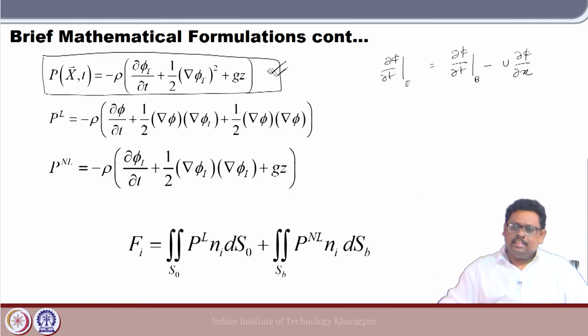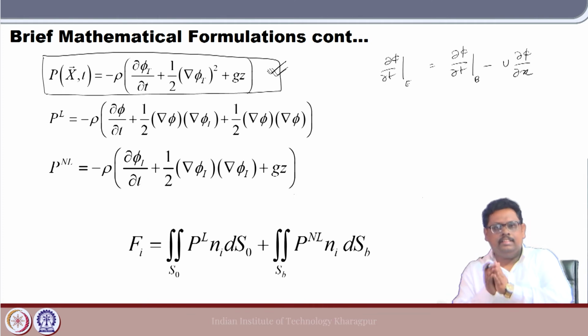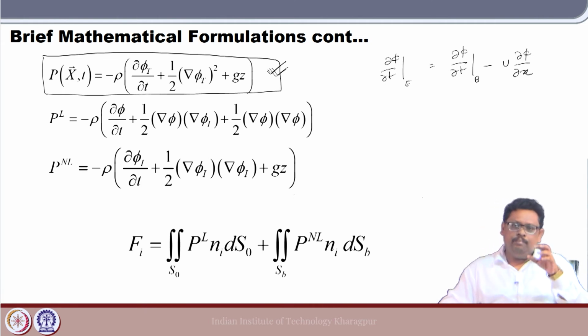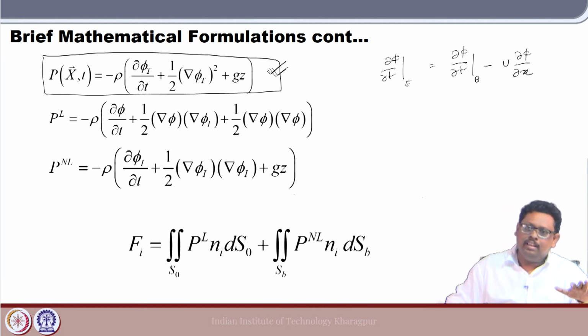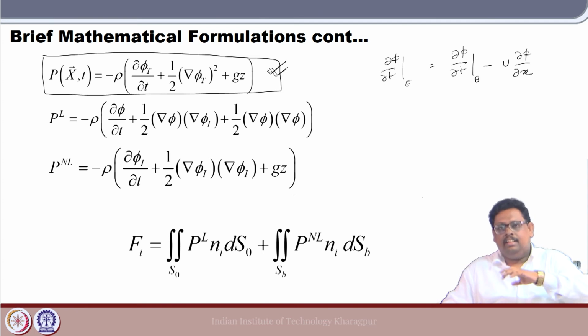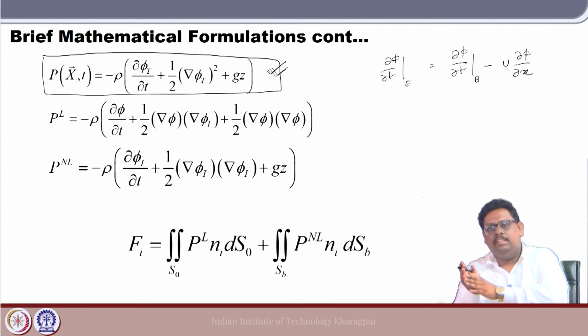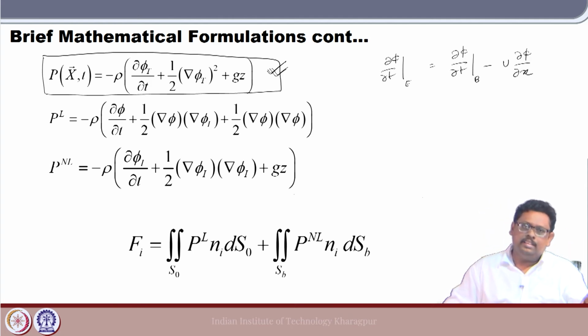We have already discussed that when you find out the phi, actually we find it in the body fixed reference frame, but my problem is defined on the earth fixed reference frame. Therefore, we have to change the coordinate system of del phi del t from the body fixed system to the earth fixed system.